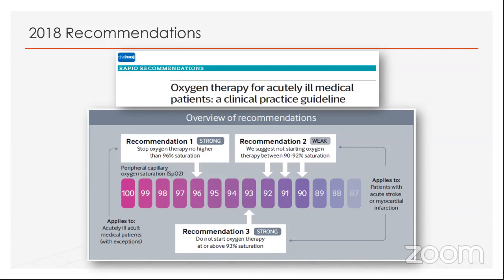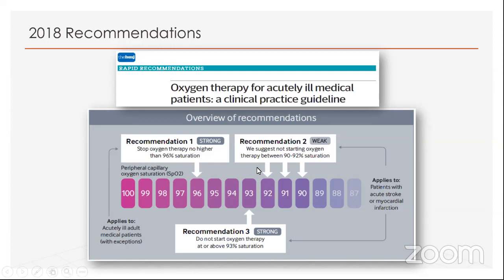From the evidence, if you look at the 2018 rapid recommendation by BMJ, this is based on meta-analysis and systematic reviews done one year before in the Lancet journal. Regarding oxygen therapy for acutely ill medical patients, this guidance gives you clear things, despite the evidence not all being of the same strength.